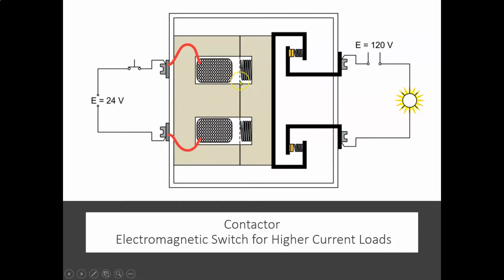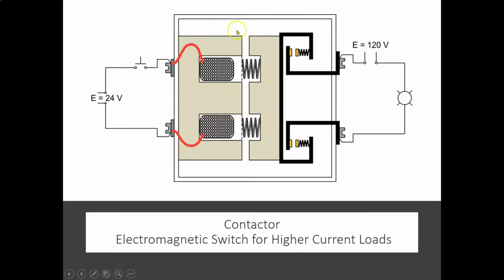These springs are going to try to, as quickly as possible, open up this bridge, but really what they're doing is opening up these contacts, which have the high current going through them. These springs are trying to push away as quickly as they can, and the sooner you get those contacts away from each other, the less arcing is going to happen.